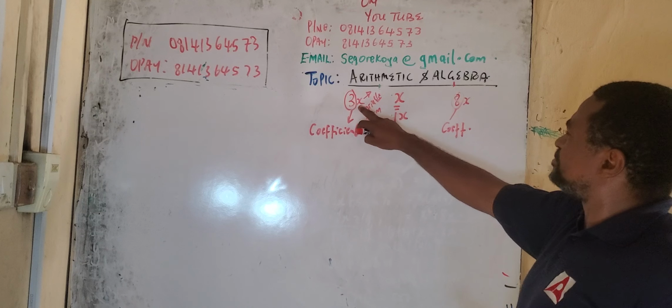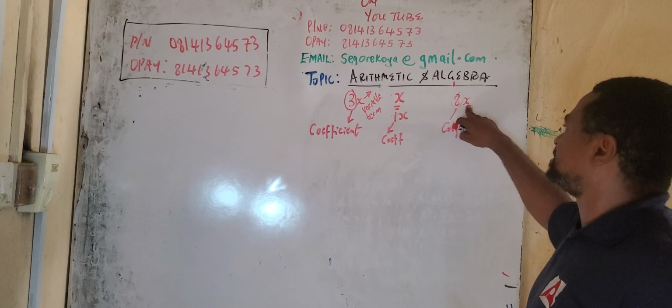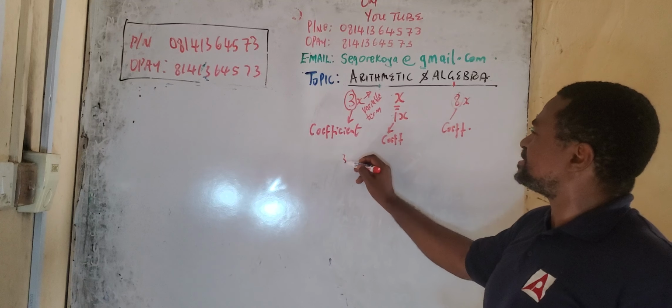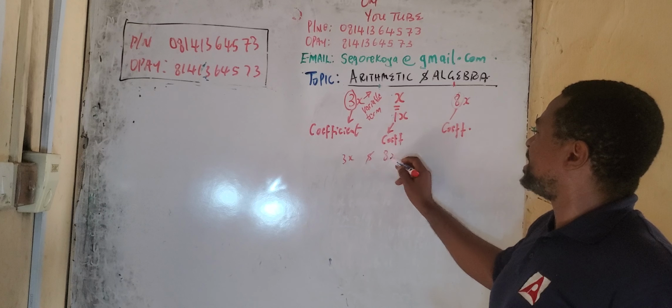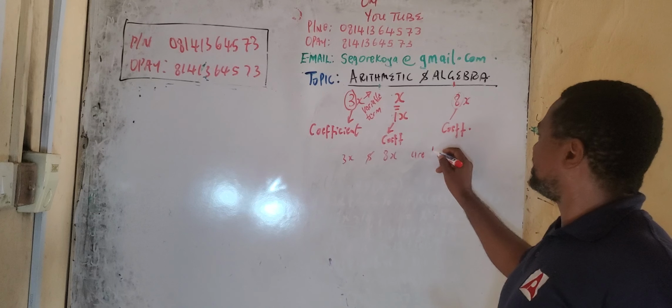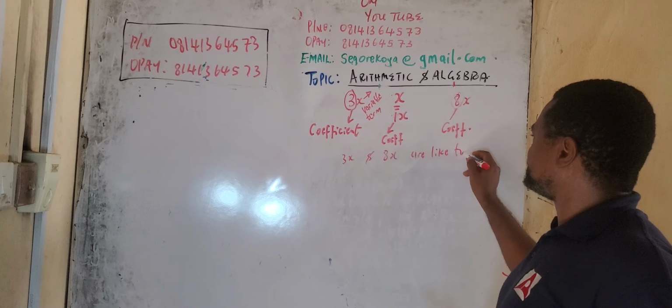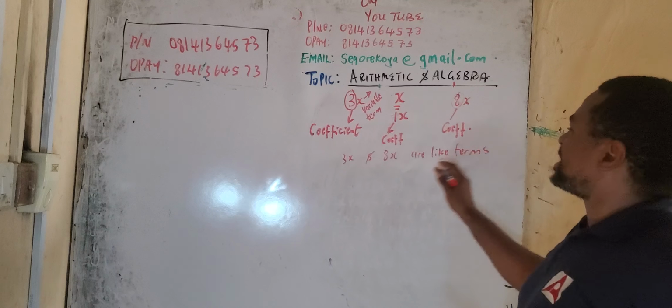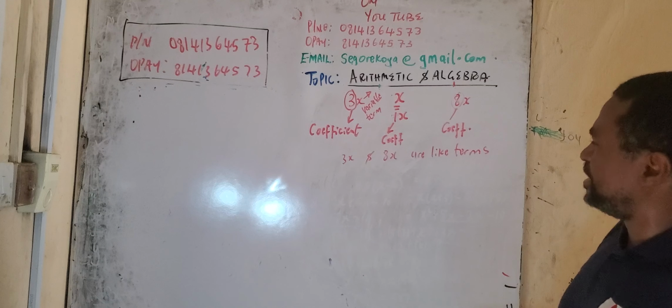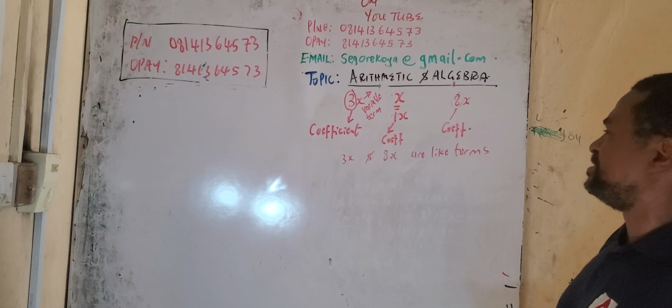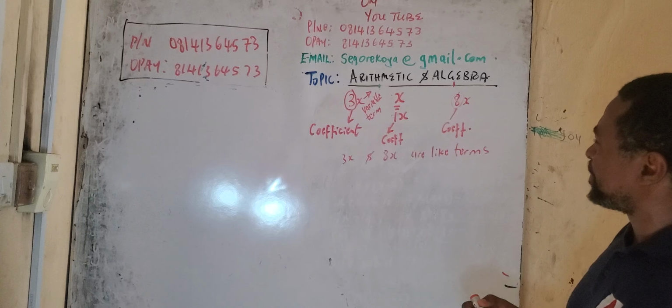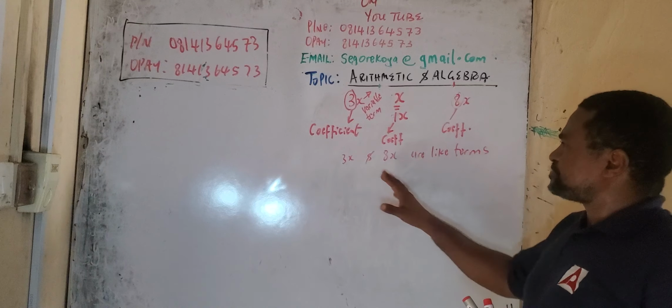So this variable term, which is x, is the same as this variable term, which is x. So we say 3x and 8x are like terms. So like terms can be added, subtracted, divided, and multiplied with each other.